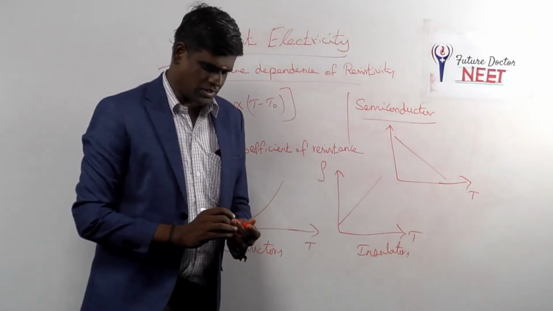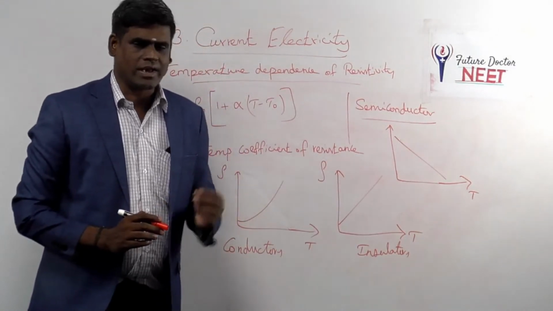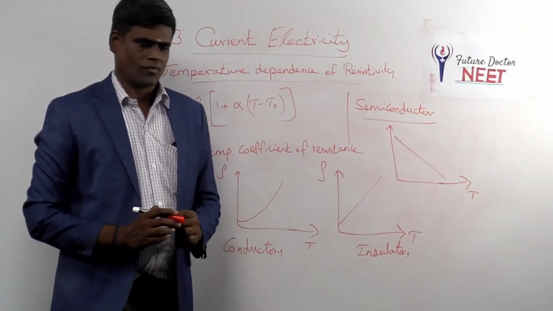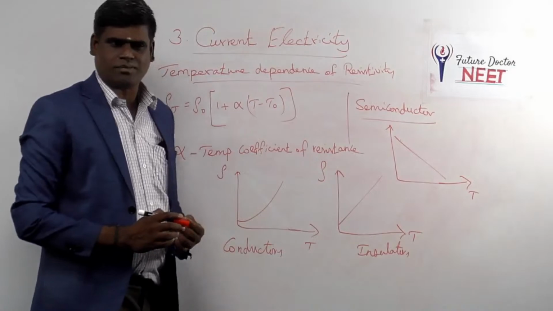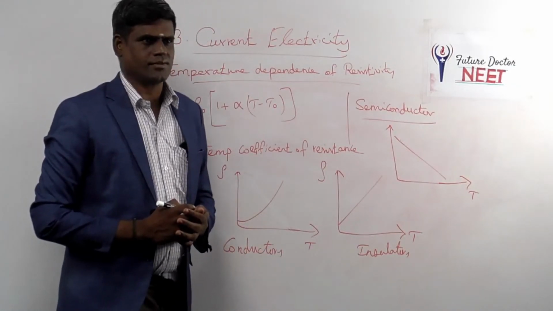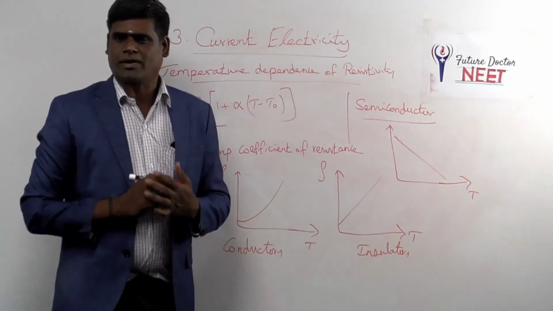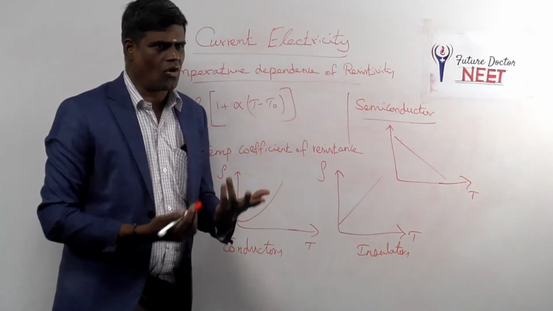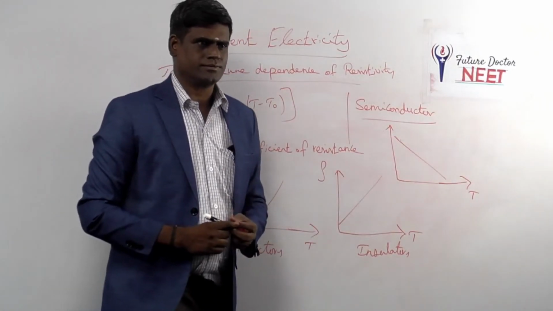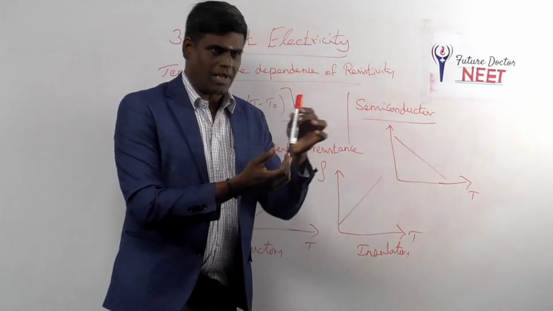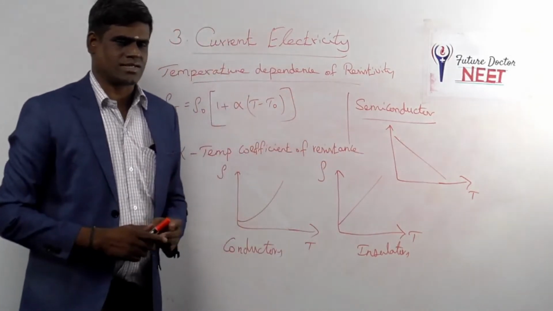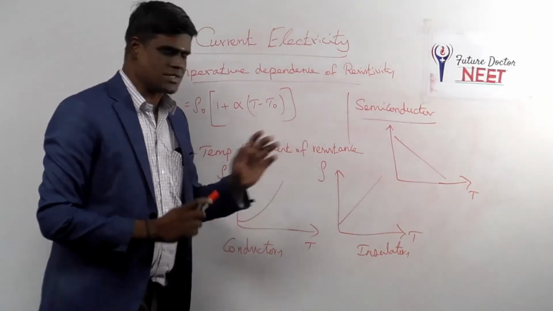Okay. Can you say any one example for a semiconducting material? For conductor, you may say an example. What is the example for conductor? Metals, all the metals are conductors. Example for insulator? Plastic, wood, glass, these are all insulators. Like that, semiconductor example?